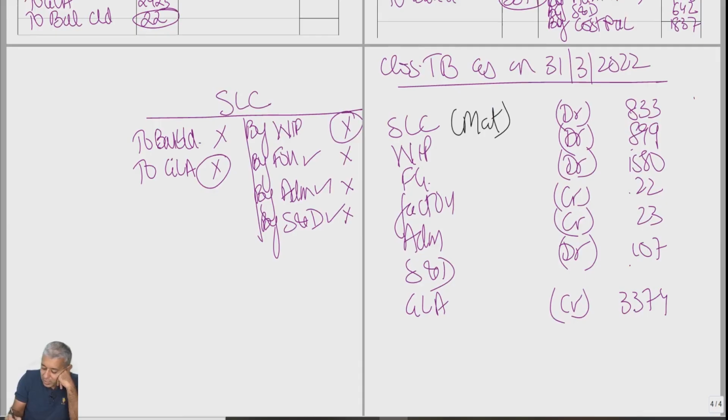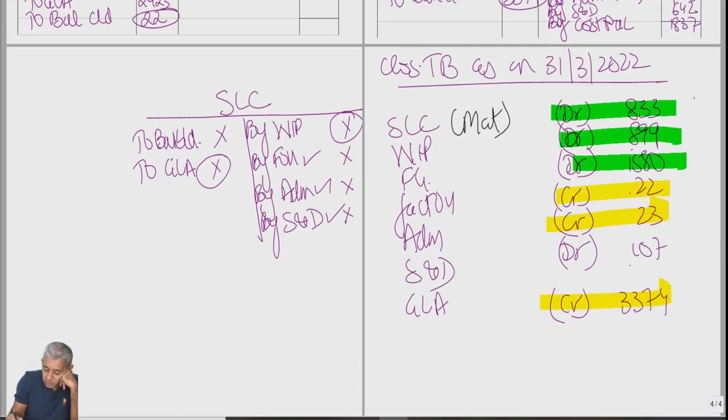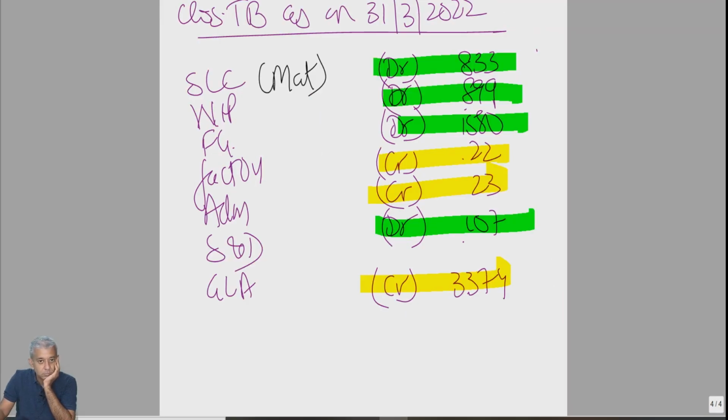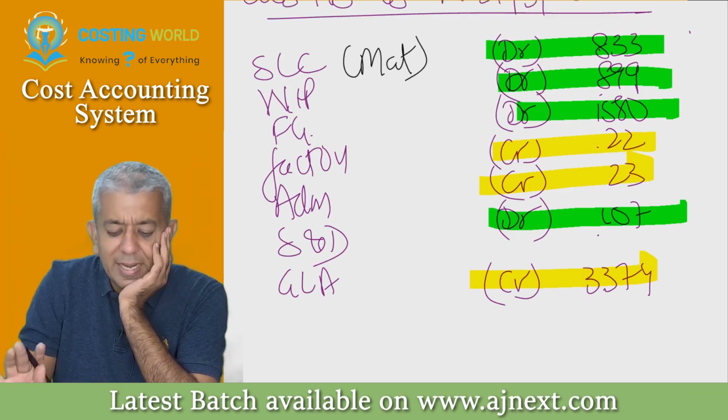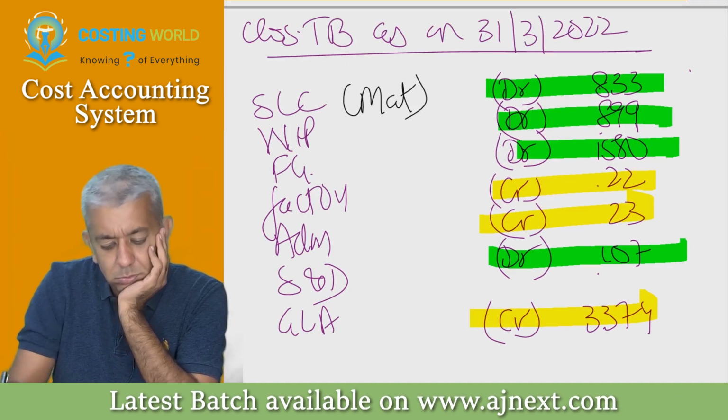Just tally your credits with your debits, please. If it tallies, your trial balance is tallied. It tallies? Yes, sir.